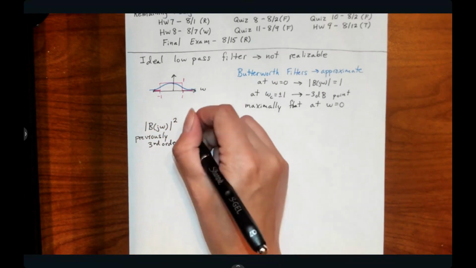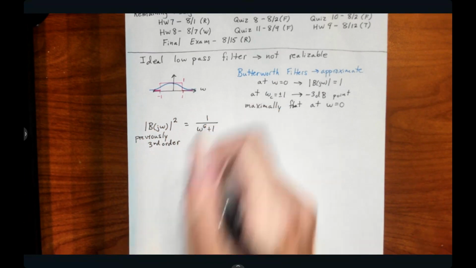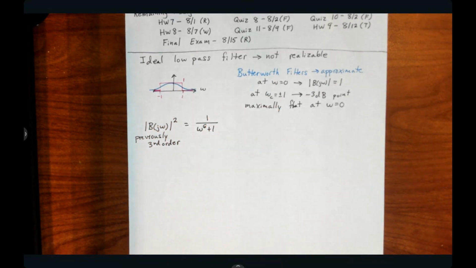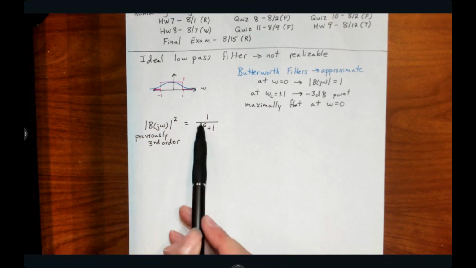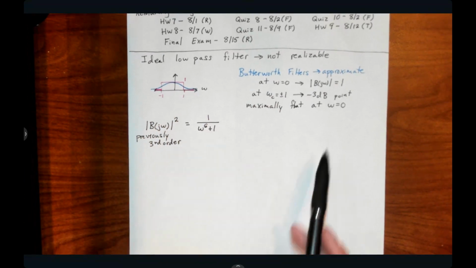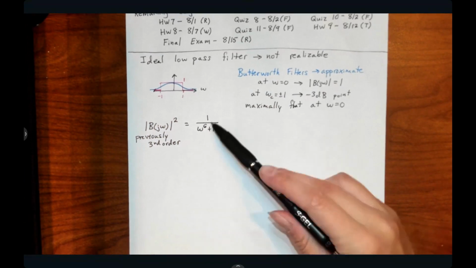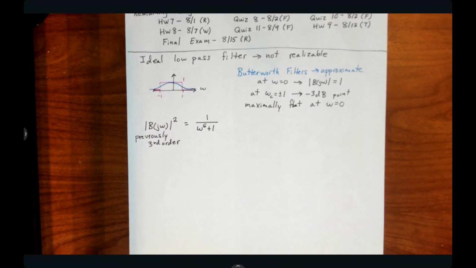And what we ended up with was a form like this, right? So we had started off with an omega 6, 4, and 2 in here as well. And then we found by this maximally flat that some of those coefficients went to 0. And so we were left with a form like this.